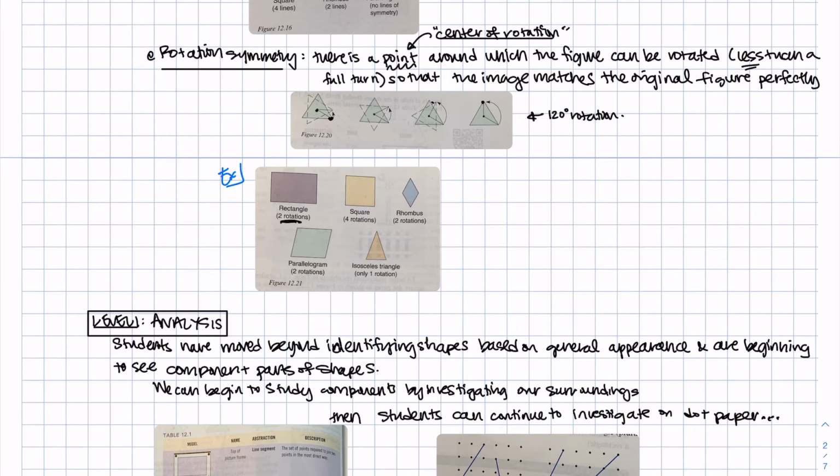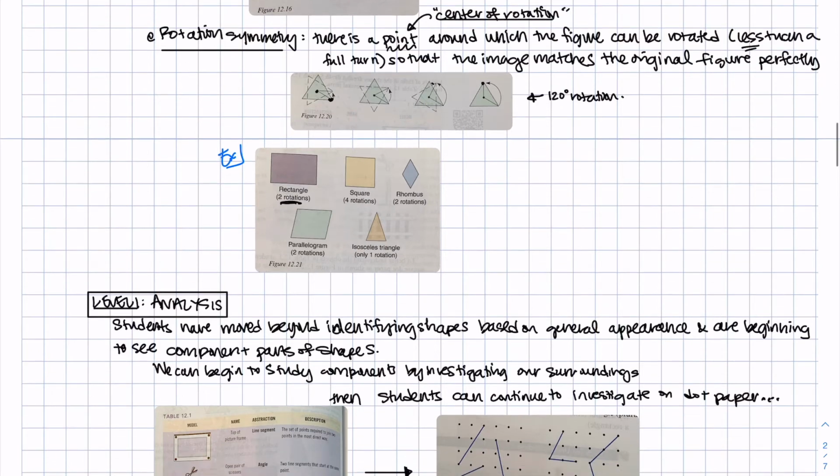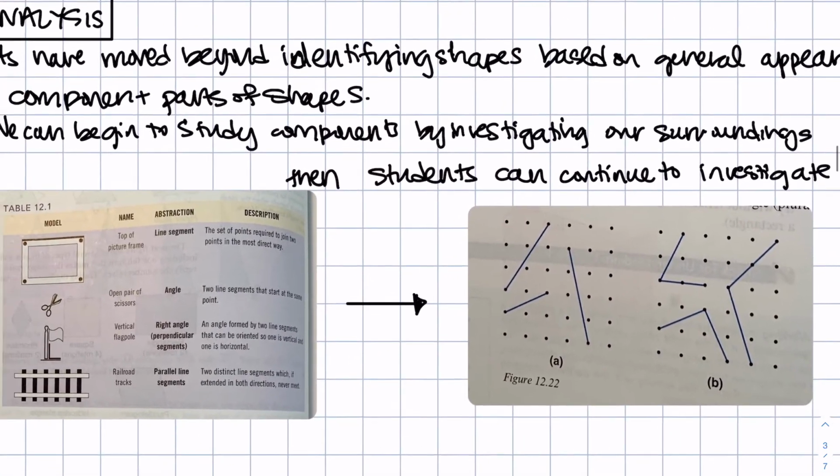We can study components by investigating our surroundings. One nice way of doing this is by noticing things in the room or in your world, and then students can continue to investigate them by using dot paper. This is explained in more detail at this point in the text.